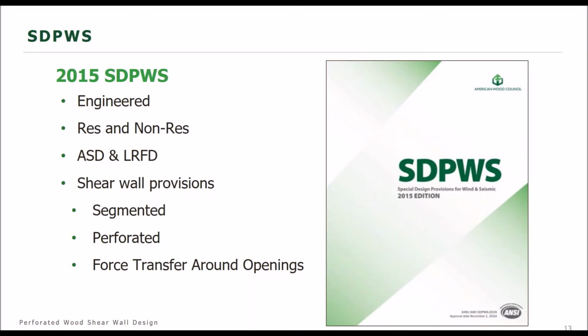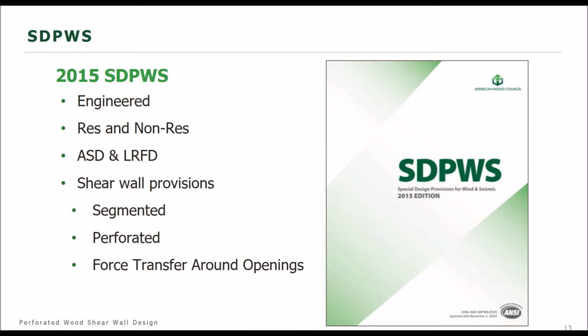There's another difference in the allowable shear wall design provisions. So in SPDWS, you'll see we have 3 different design methods for shear walls that are allowed. You have the segmented approach, or sometimes it's referred to as individual full height segments. There's a perforated approach, which we're going to be discussing today.